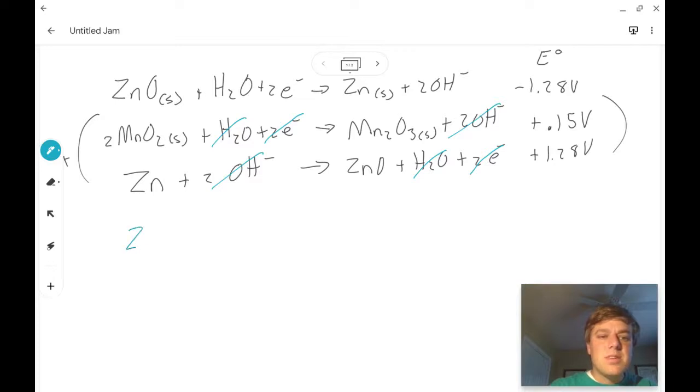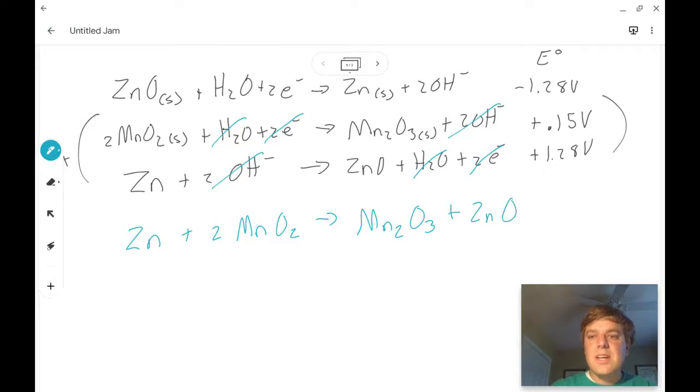So we end up with zinc plus 2 MnO2 produce Mn2O3 plus zinc oxide, and our cell potential would be a positive 1.43 volts. And these are typically called 1.5 volt batteries or 1.5 volt cells. And 1.43 is pretty close to 1.5 volts.